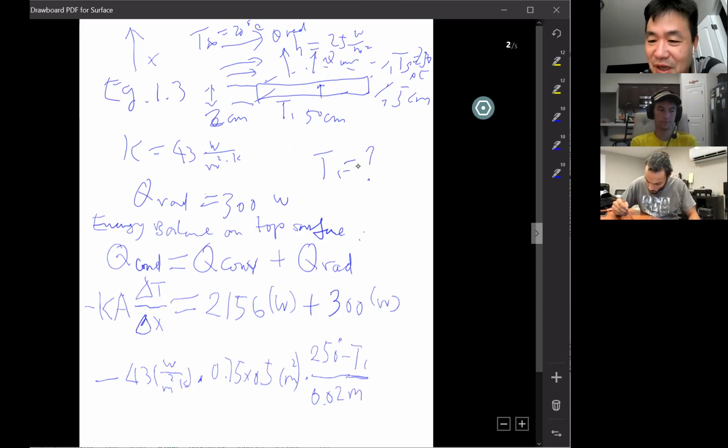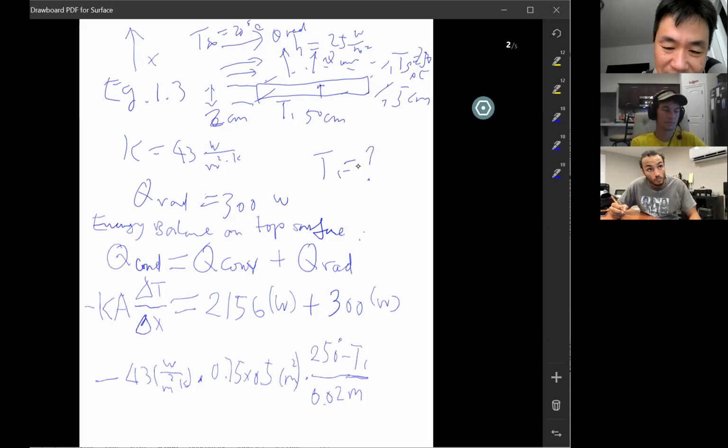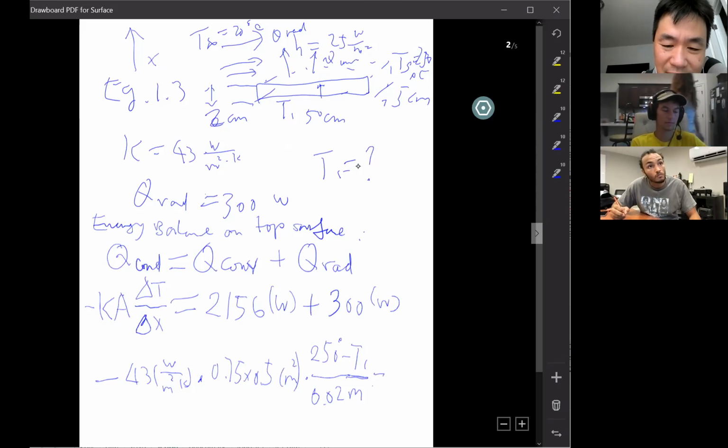The equation has a negative sign. You have to follow the rule. So downstream minus upstream. Don't give me T1 minus 250. Then you will have an opposite negative temperature. Right hand side, you can just calculate it, 2456 watt. Okay?